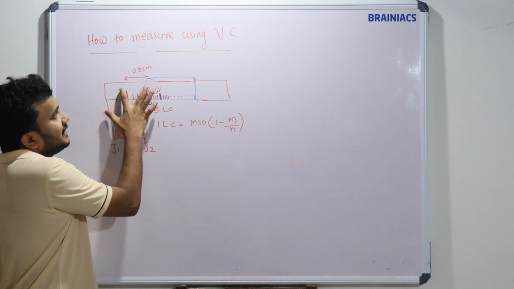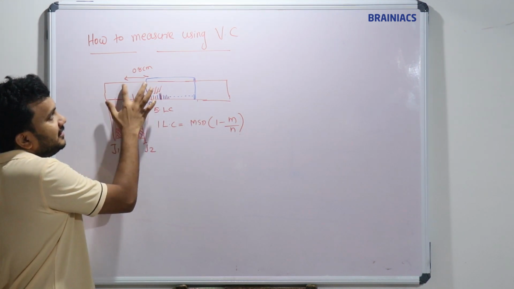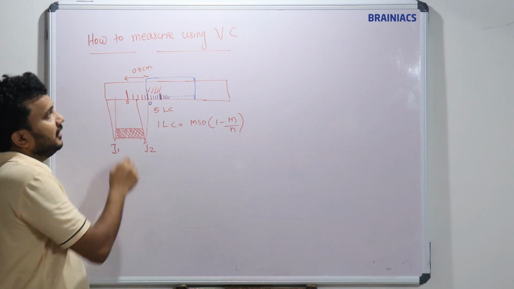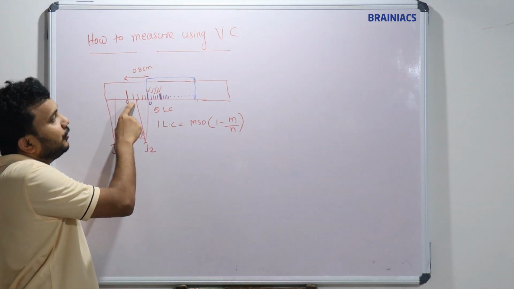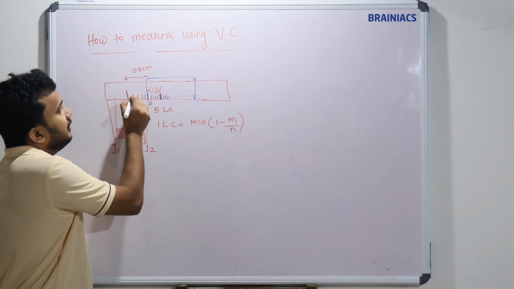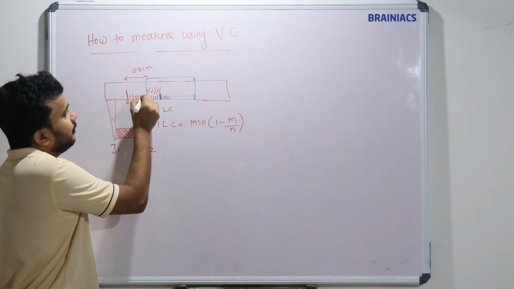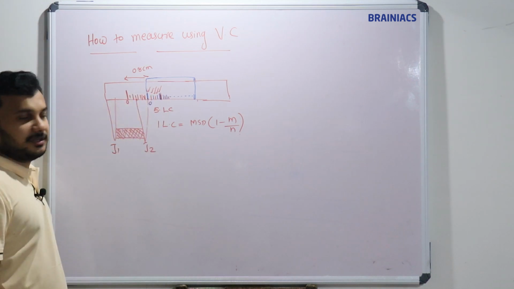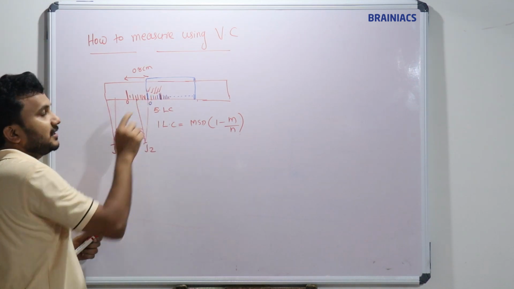So this is the length, which I have marked as 0.8. Suppose here 0.1, 0.2, 0.3, 0.4, 0.5, 0.6, 0.7, 0.8. I have just counted these lines.